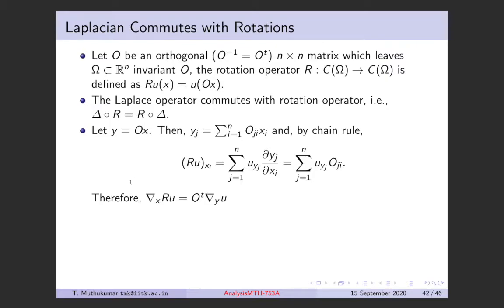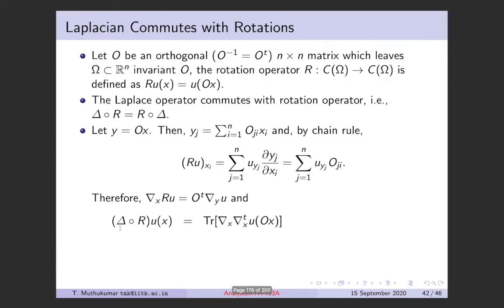Now let's look at the proof of this commutation with the rotation operator. You start with the Laplacian of Ru, which is the Laplacian of u of Ox, which is u of y. And we had said that the Laplace operator is nothing but the trace of the Hessian matrix.